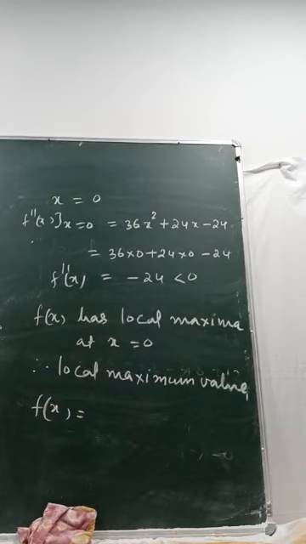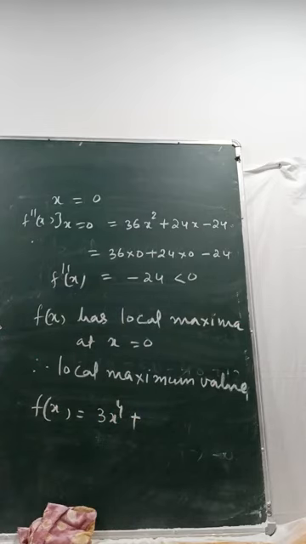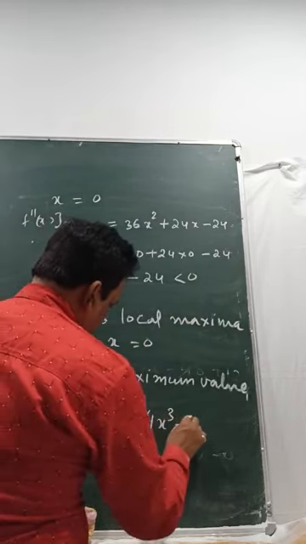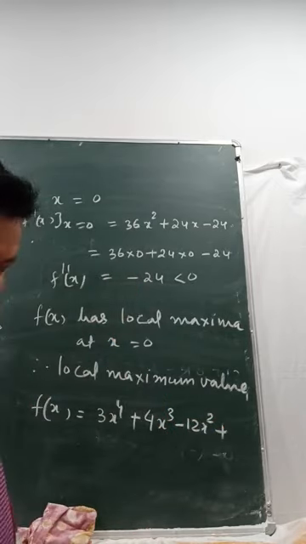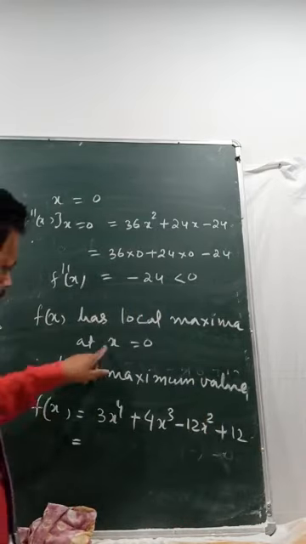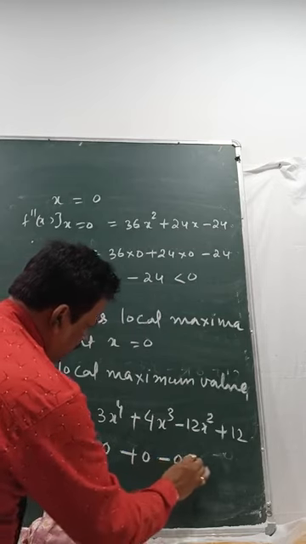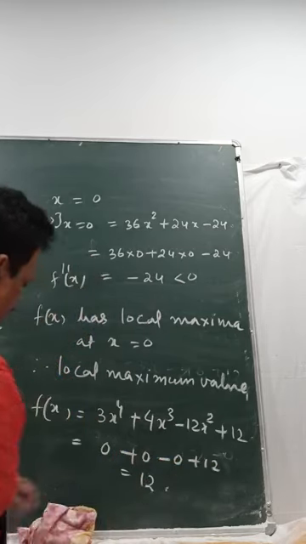What is our function given to us? 3x to the power 4 plus 4x cube minus 12x square plus 12. Put x is 0. This will be 0, this will be 0, this will be 0 plus 12. So maximum is 12.